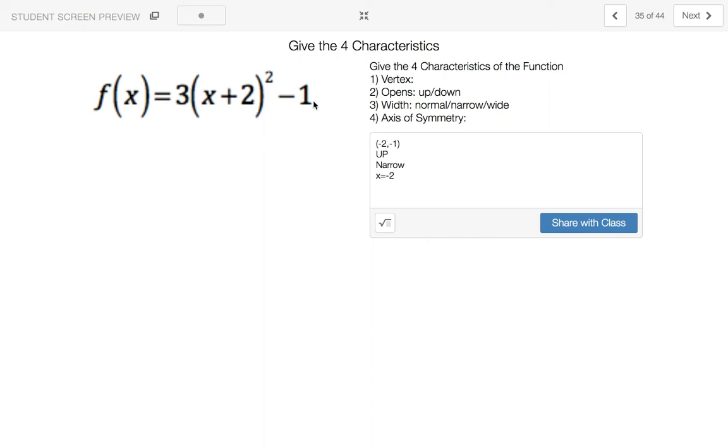Again, our h and our k values, it goes up because the a is positive, it's narrow because the a is greater than 1, and the axis of symmetry is x equals -2 because it's the same as the h value.